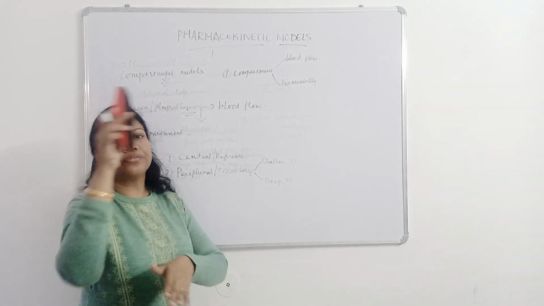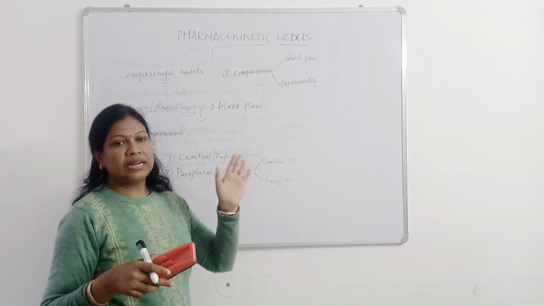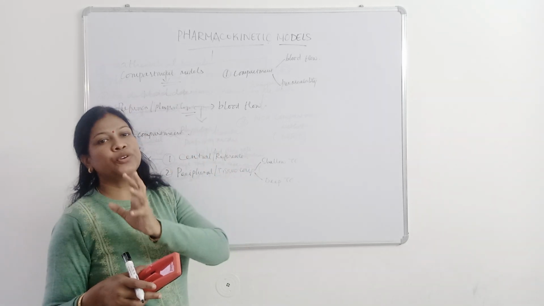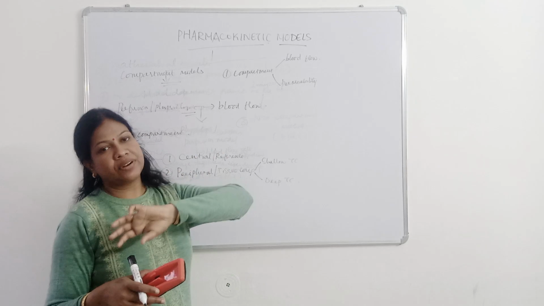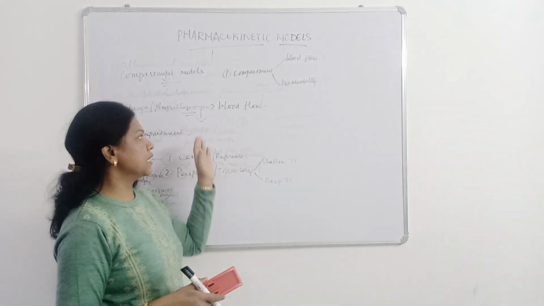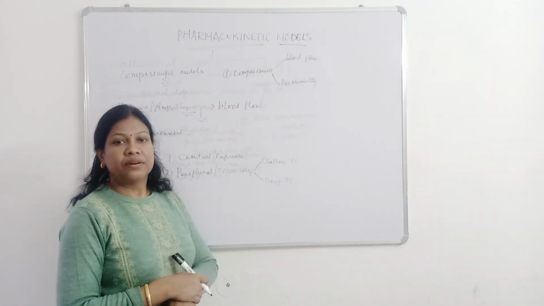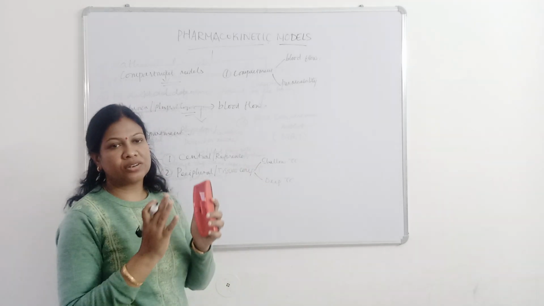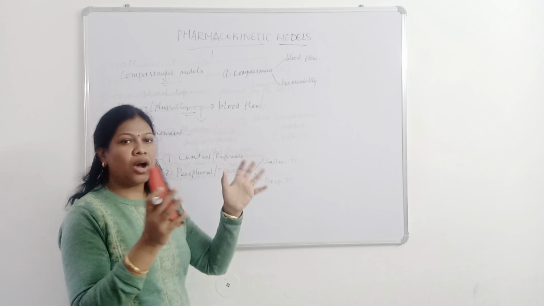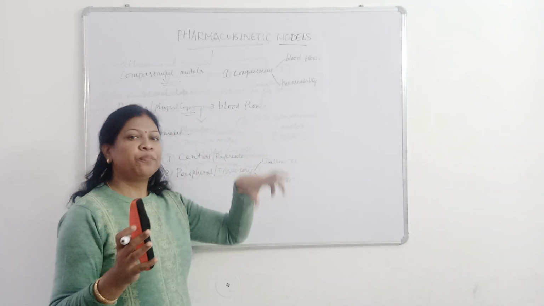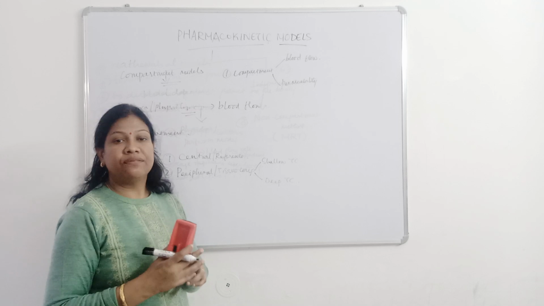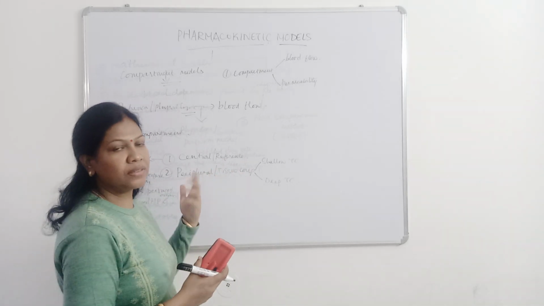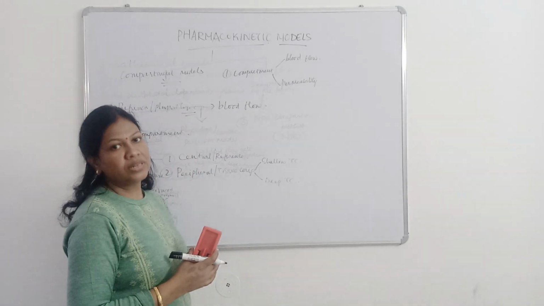This movement of the blood will enhance the drug input and output to and from the organs. This is explained by the physiological or perfusion model. Perfusion means blood flow, physiology means the organs, the different tissues. How the blood flow takes place to these different tissues or organs helps in explaining the drug concentration moving to these organs, and this is explained by the physiological or perfusion model.